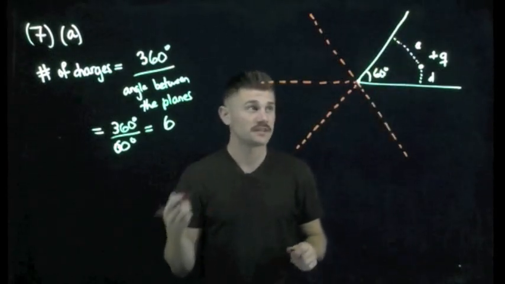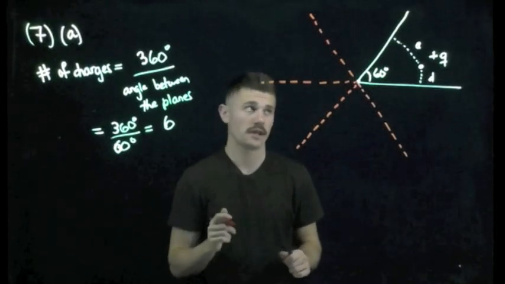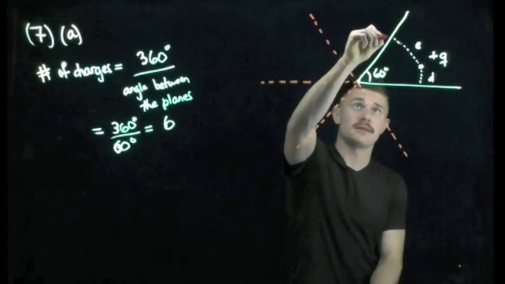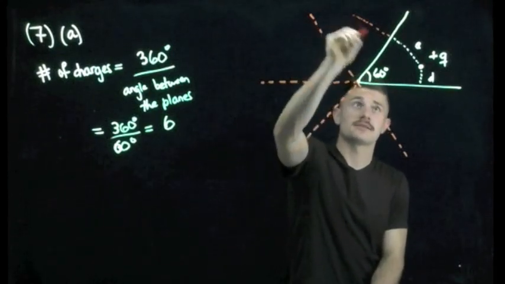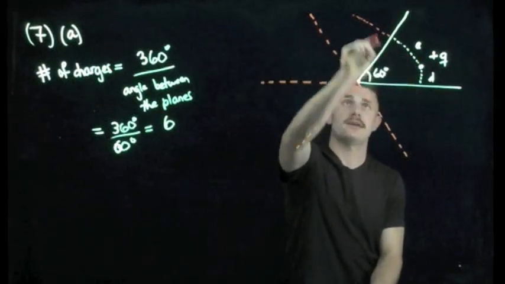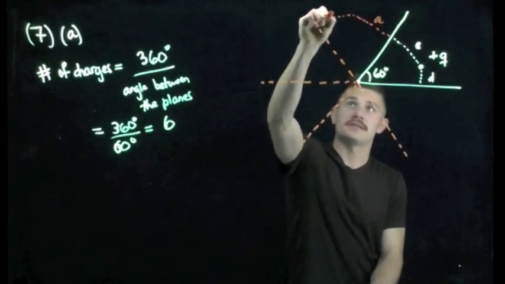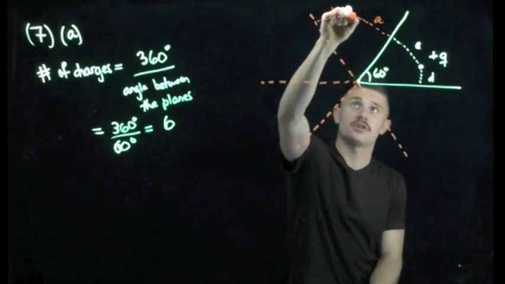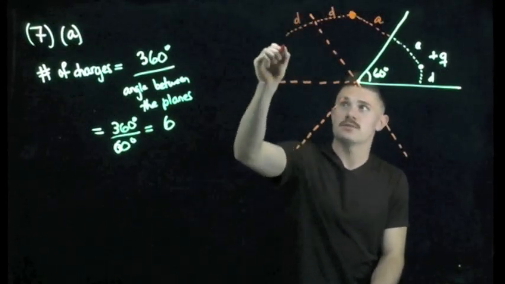Now to continue on and see where these charges are situated and whether they're positive or negative, we can simply extend what we see here and mirror across the planes. In this case we have a distance a away, and we'll see this a here as well. Then we'll have a distance d to supplement that and one charge here. Then we'll mirror across here and we'll get d as well.